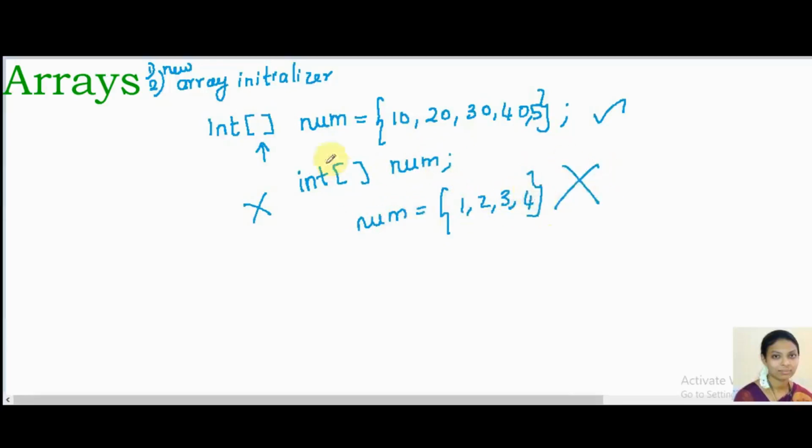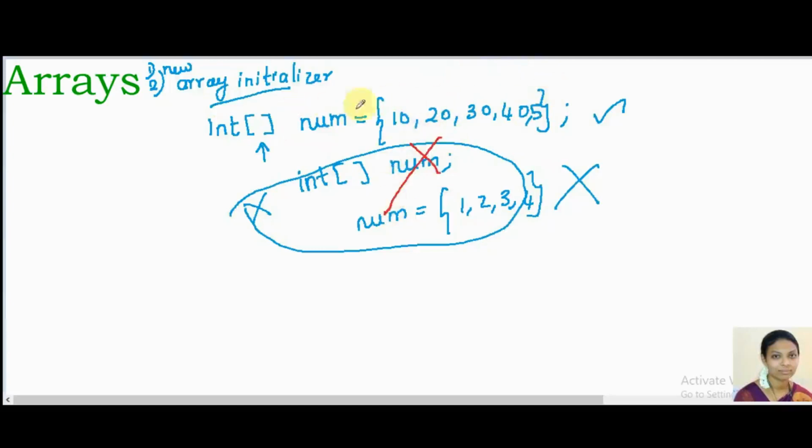If you want to create an array using the array initializer method, then declaration and initialization should be done in the same line. You cannot do it in 2 different lines. If you do, that is the wrong way. So when you use an array initializer, declaration and initialization should happen in the same line.